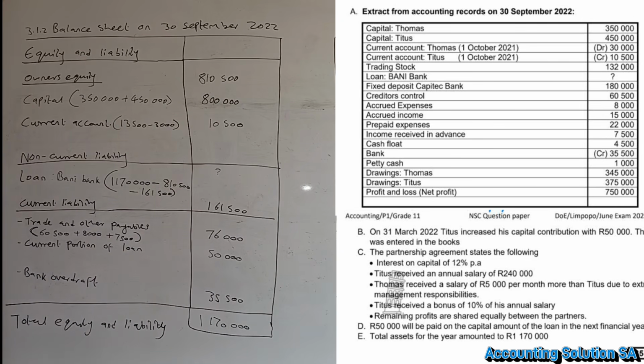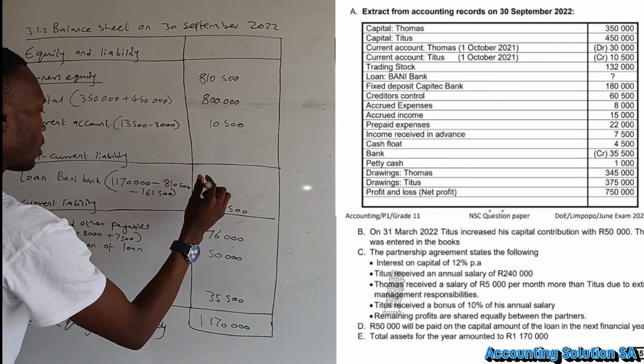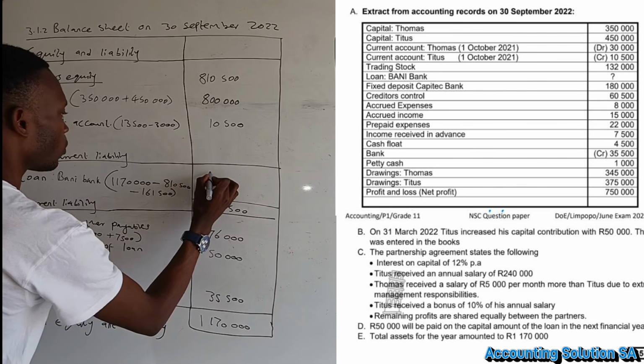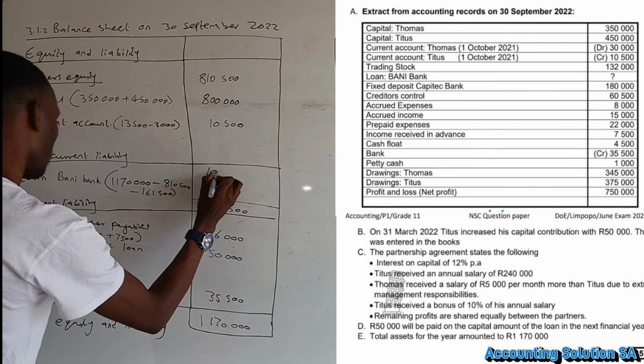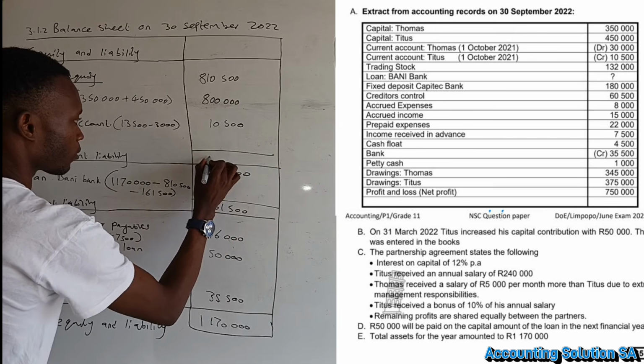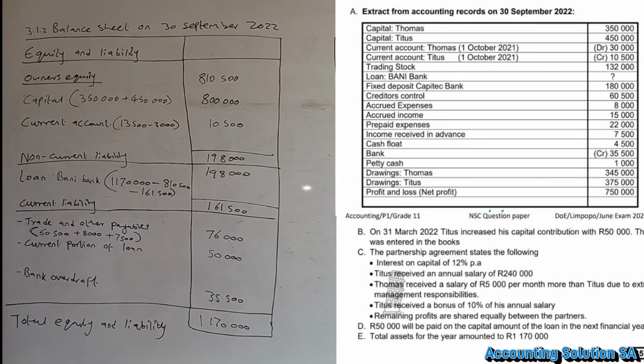Okay, and this will give you 198,000, which means that our loan is 198,000, and the total this side is 198,000 because it's the single one.